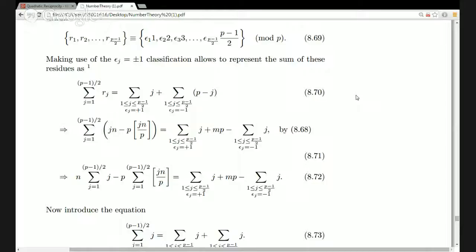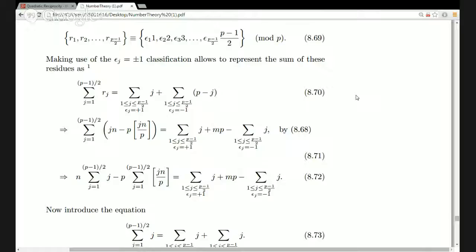Now we bring in this expression here for Rj. So Rj is replaced by jn minus p times the integer part of jn over p on the left-hand side. On the right-hand side, we keep that first term the same. We keep minus the sum of all those j's the same. But here we notice that we're just adding up p all the time, so you're just picking up a multiple of p.